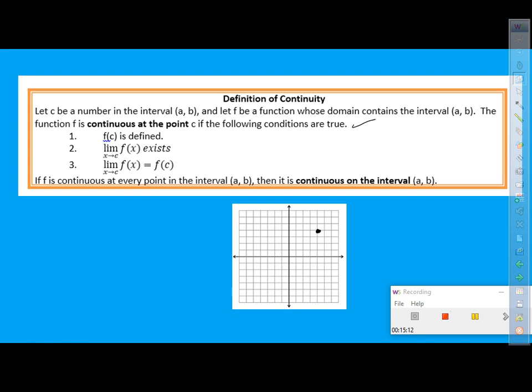Here's what that means. There has to be a limit in this function, and that function has to approach that value from the left and from the right. I could make number 2 happen. I could make a limit exist, but I could do this.